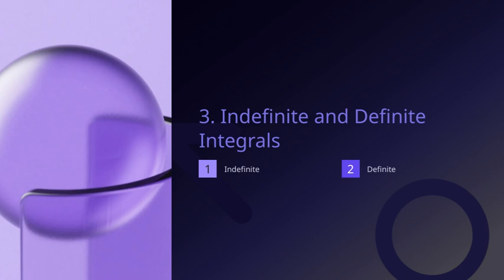On the other hand, definite integrals involve specific limits, giving us a numerical value that often represents the area under a curve between 2 points. Recognizing the difference between these two types is key because it influences how we set up and interpret integrals in various problems. Throughout this presentation, we'll see how these concepts are connected and how they form the basis for many applications in science and engineering.